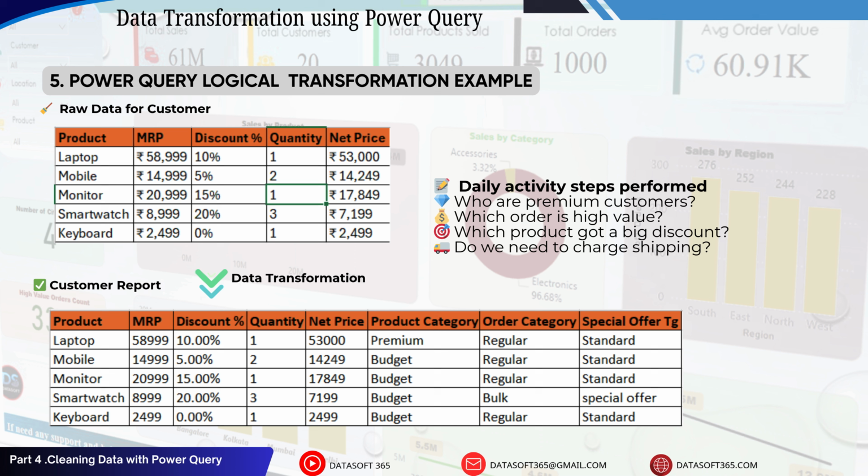If quantity is 3 or more, mark as bulk order. If discount is more than 15%, mark as high discount. Logical transformations are not about changing the data, it's about adding intelligence to it by tagging values to get information. Now let's go to Power BI and apply these conditions.